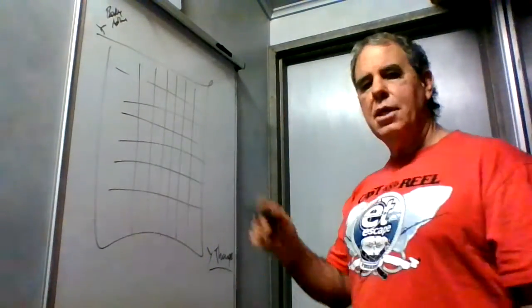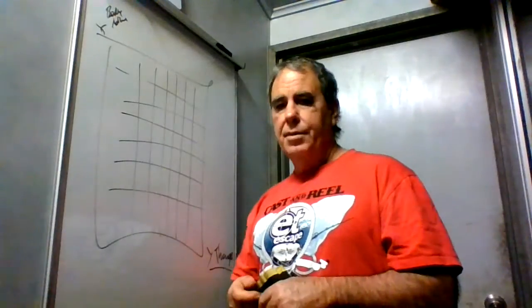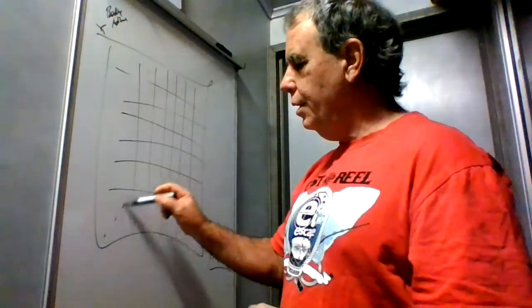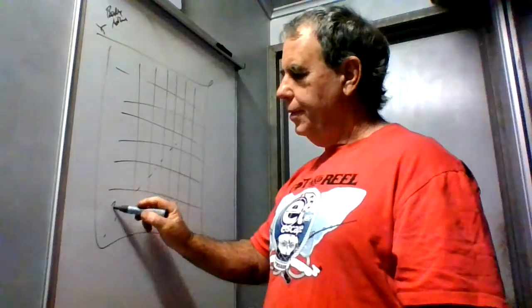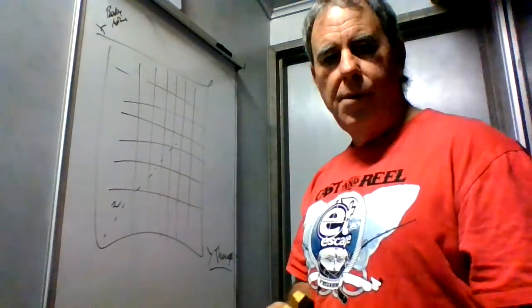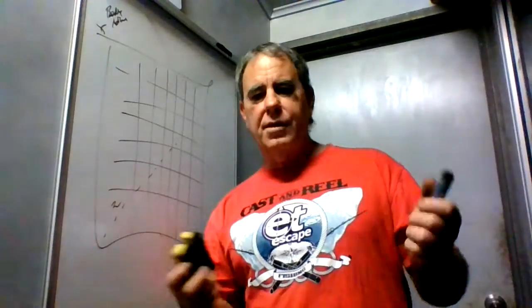Okay, so that's how that works. You can't represent your Z. You can't see it. So we have to have another way of getting to Z.